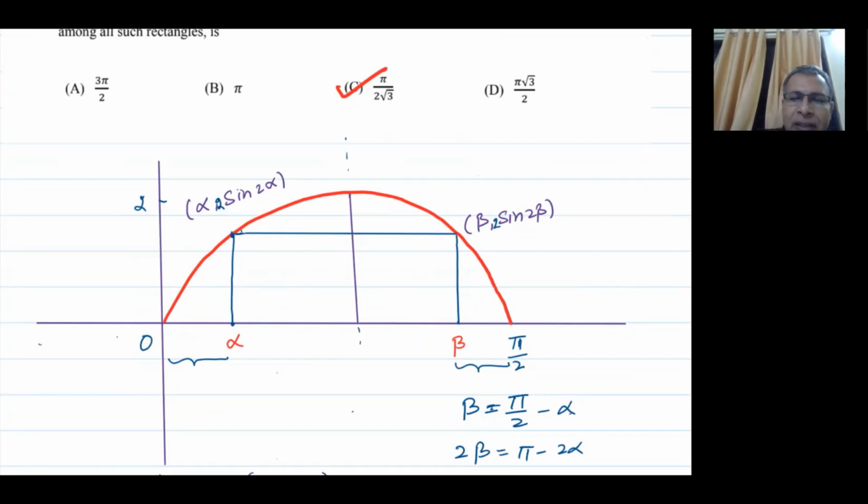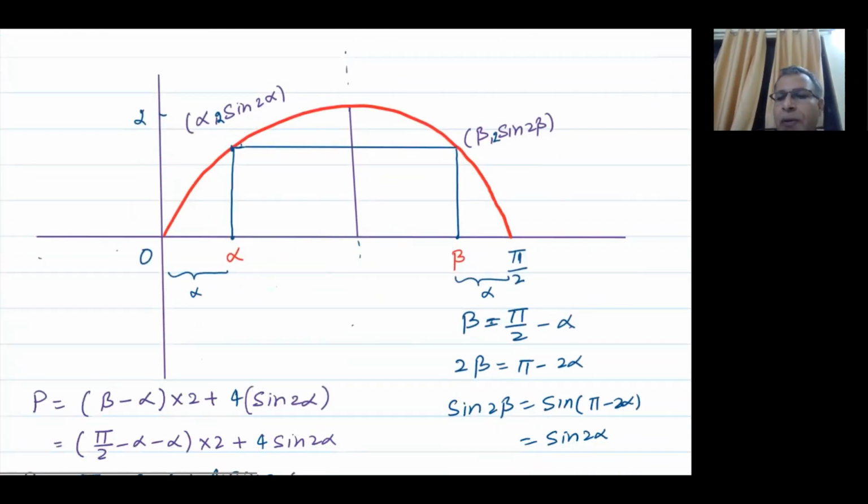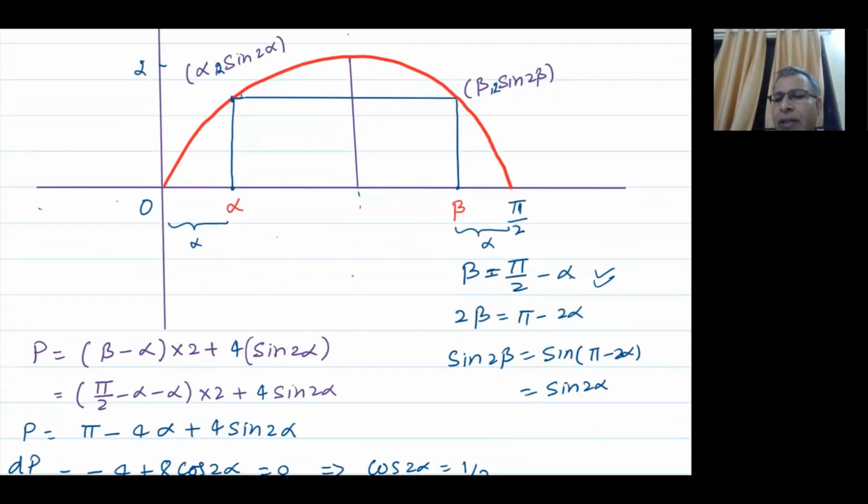So this distance is alpha, and this distance is also alpha. And the remaining distance beta will be pi by 2 minus alpha. So now we put beta equal to pi by 2 minus alpha. So 2 beta equal to pi minus 2 alpha. So sine 2 beta equal to sine of pi minus 2 alpha, and it is sine 2 alpha, right?